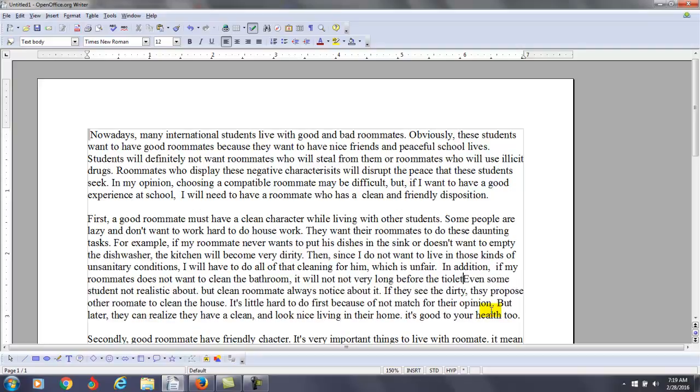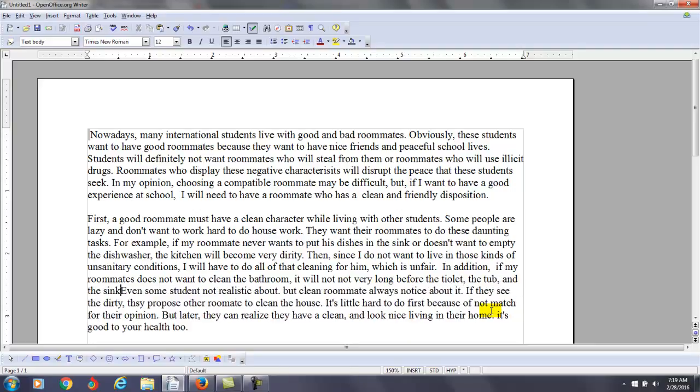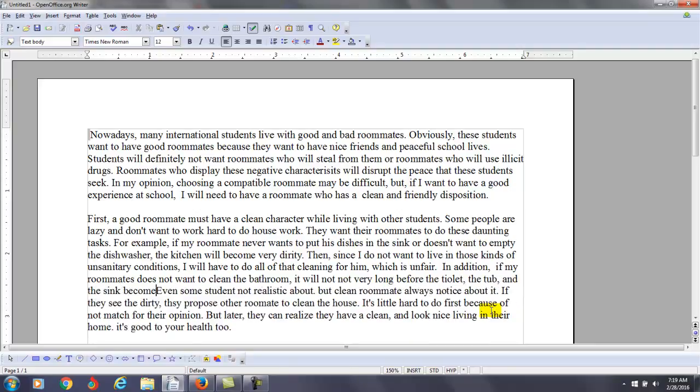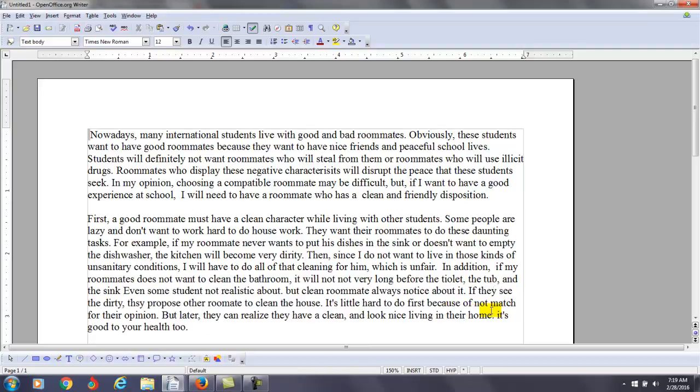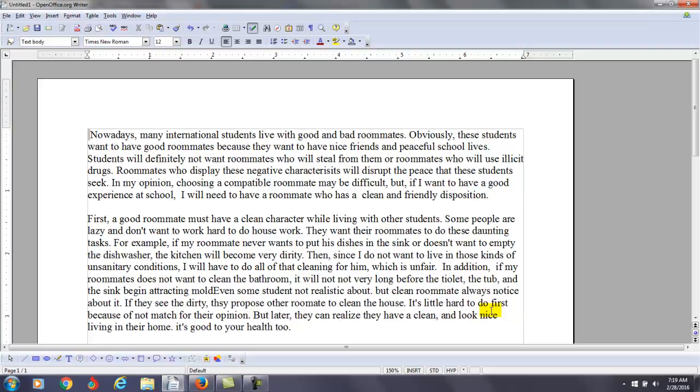The toilet, the tub, and the sink begin attracting mold.